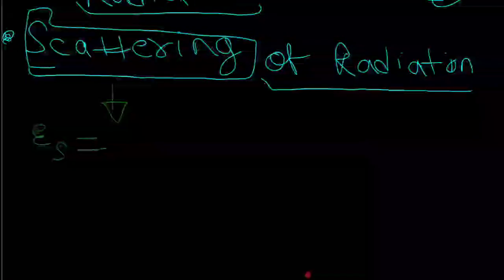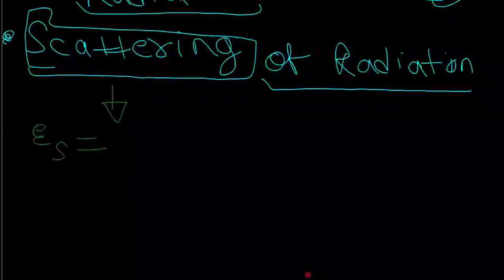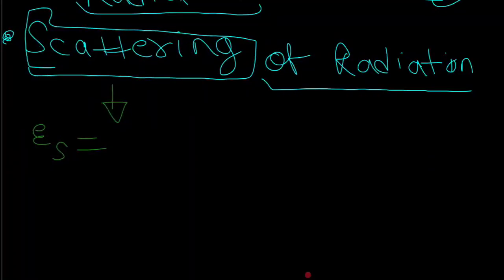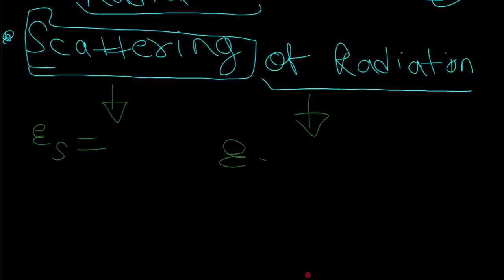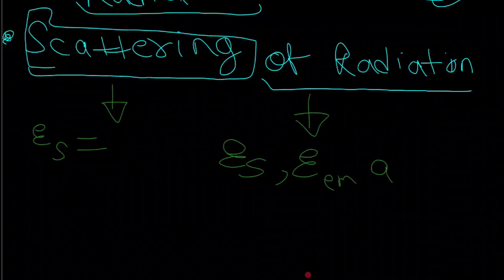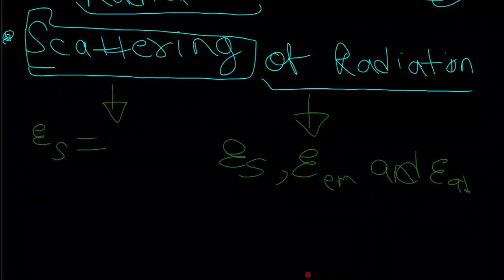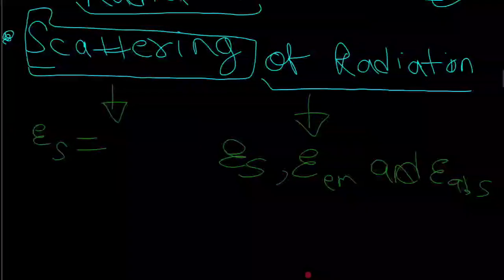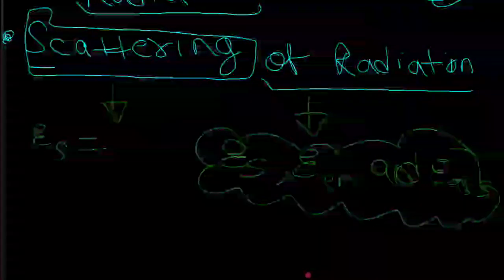Because we are going to calculate the equation of transfer for an atmosphere in which all three are happening. I mean that I want a formula involving E scattering, E emission and E absorption. So we are going to derive a general differential equation which contains all these three.